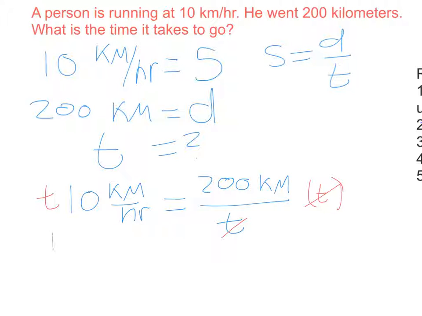So now I have the problem of 10T equals 200. Now you know how to do this. You divide both sides by 10, and you get T equals 200 divided by 10. Notice that's the same thing as just swapping these guys. Put T where the 10 kilometers per hour is and put 10 where the T is. Notice it's the same thing. See, swapping this and this ends up being the same thing.